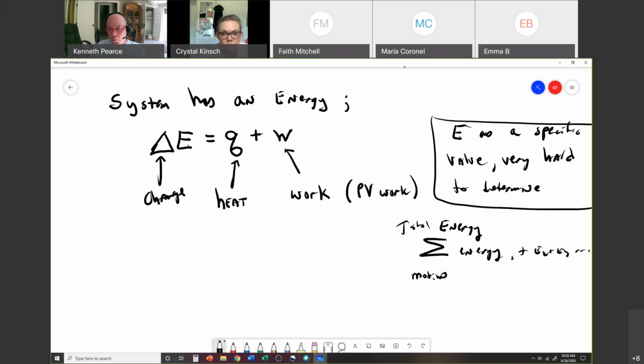Okay, but how about the energy of the individual electrons? How about the energy of the individual protons as they wiggle against each other? How about the electrostatic potential between the electrons and the protons? How about the nuclear binding energy that's holding the atom together in the first place?